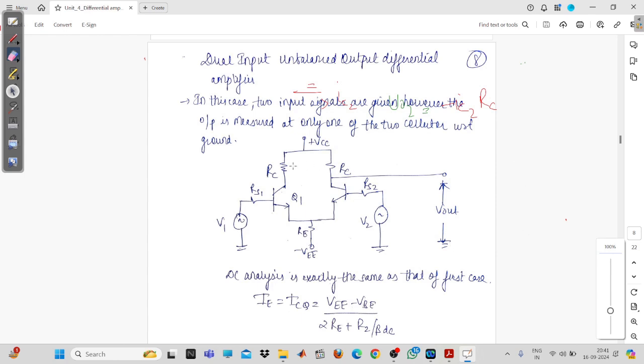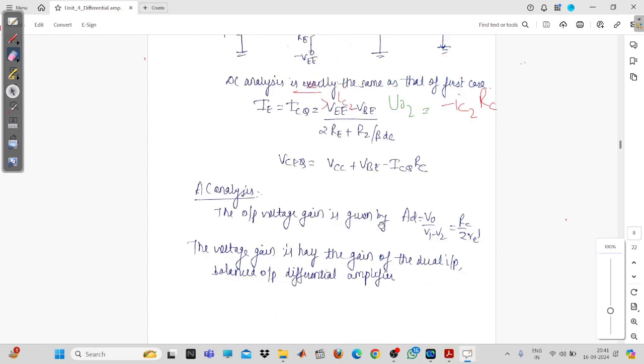You are not measuring between the two collector terminals. This is the unbalanced output. So after doing all the calculations, you will arrive at this equation, that is RC upon twice RE. So now you can just go through this equation. This equation is more structured. We can say that AD will be equal to RC upon twice into RE.